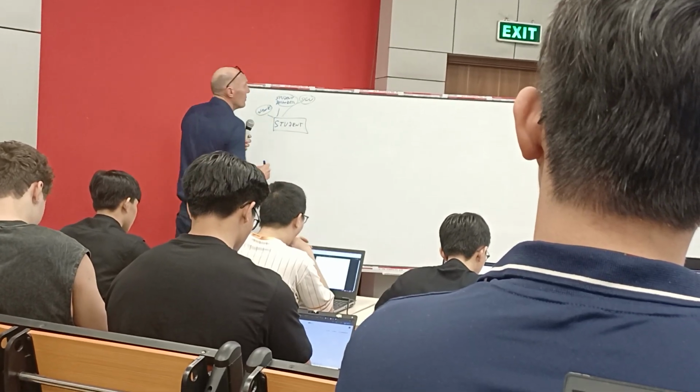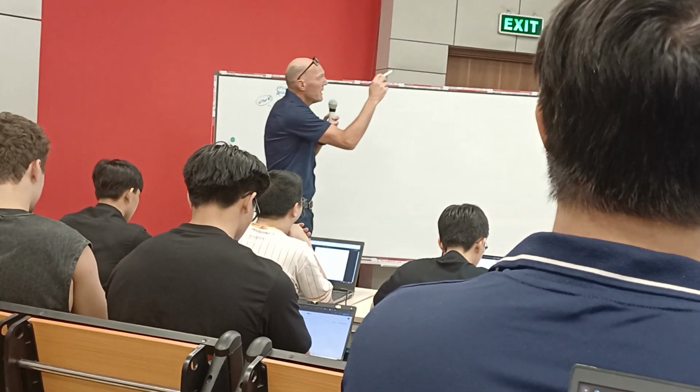Current address and phone. Now there's the first question. Current address and phone. Is that one attribute or is that two attributes?